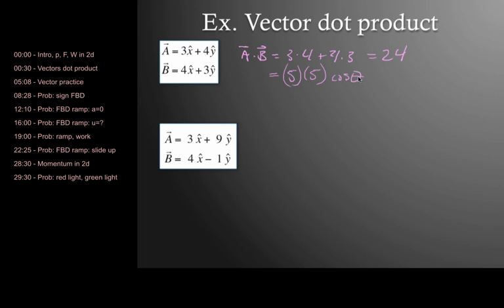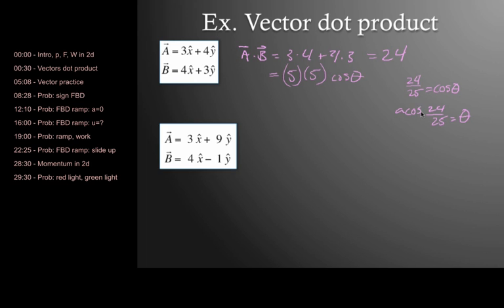So now we can use this to find what theta is. And so here we're going to get 24 over 25 is going to give you cosine theta. So then doing the arc cosine of 24 over 25, this is going to give you theta.